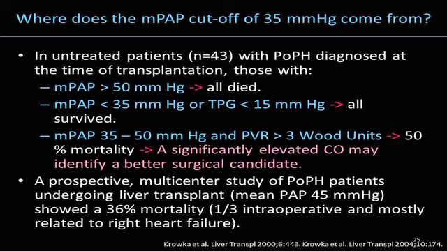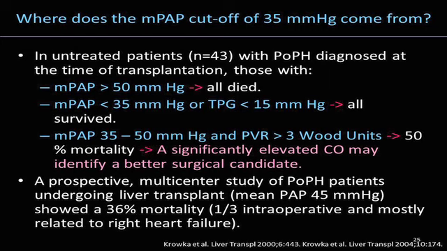So there is this number, a number of 35. When you do a right heart catheterization and you have a mean pressure in this patient of 35 or above, then there's a big problem, because the patient will be rejected from transplantation, at least at face value.